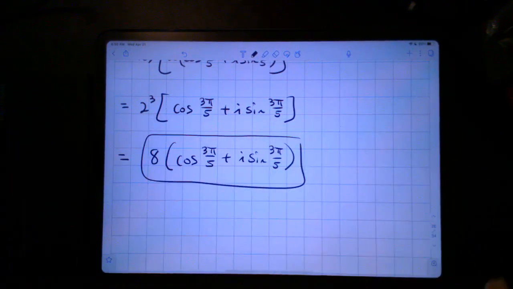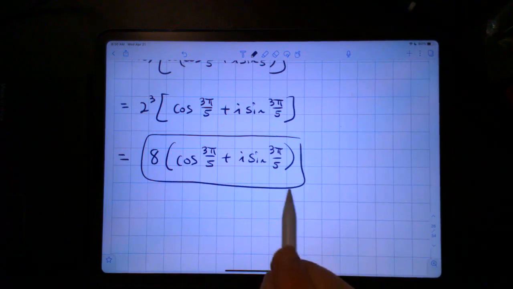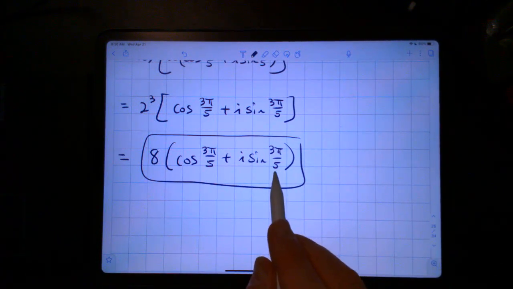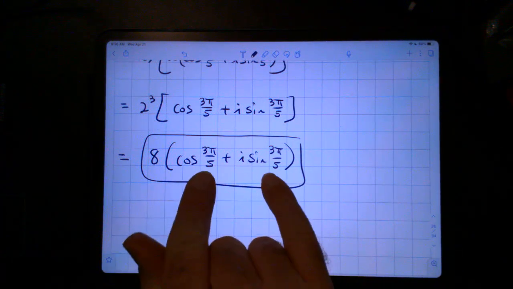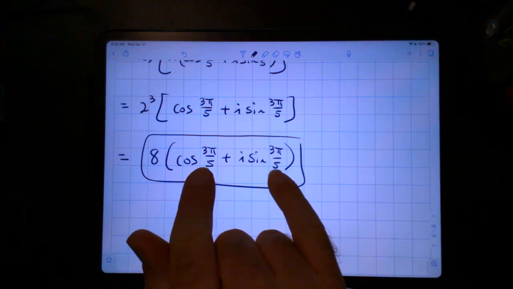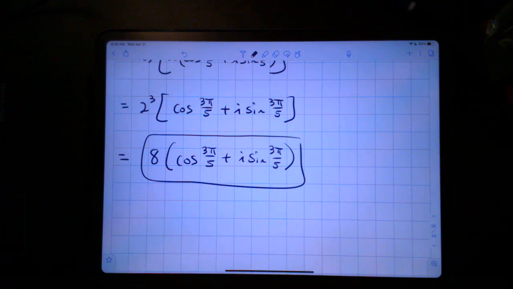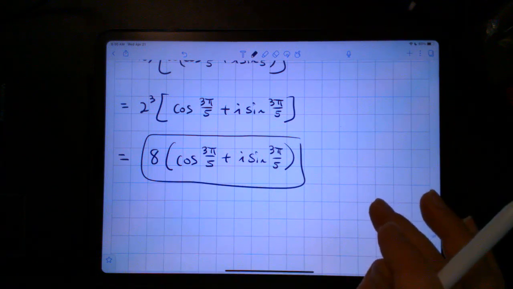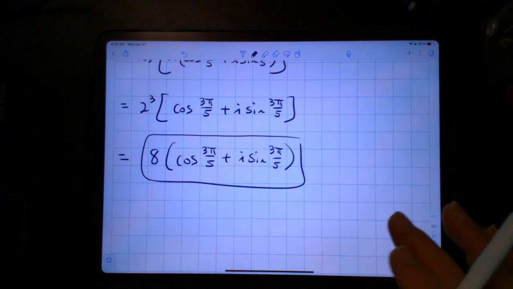I'm going to leave it at that because we haven't covered any angles with the denominator of 5. So this would be quite technical and difficult. Half angle formulas, double angle formulas. Not going to leave it as this.